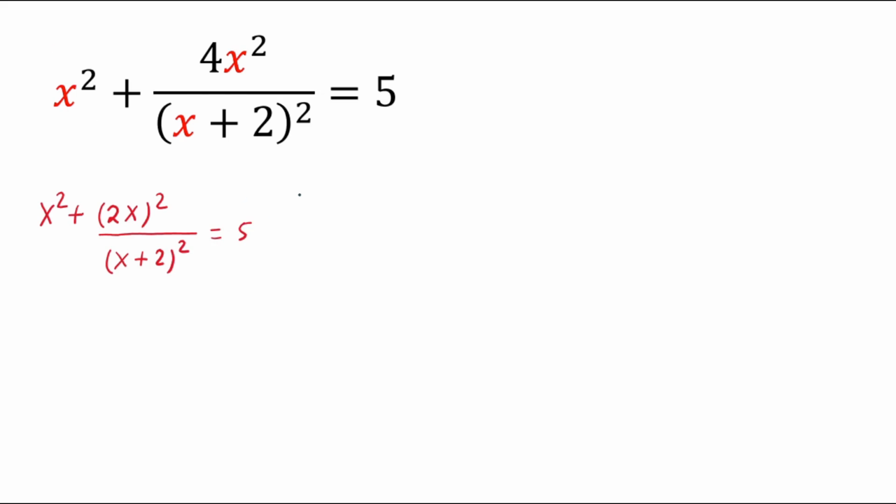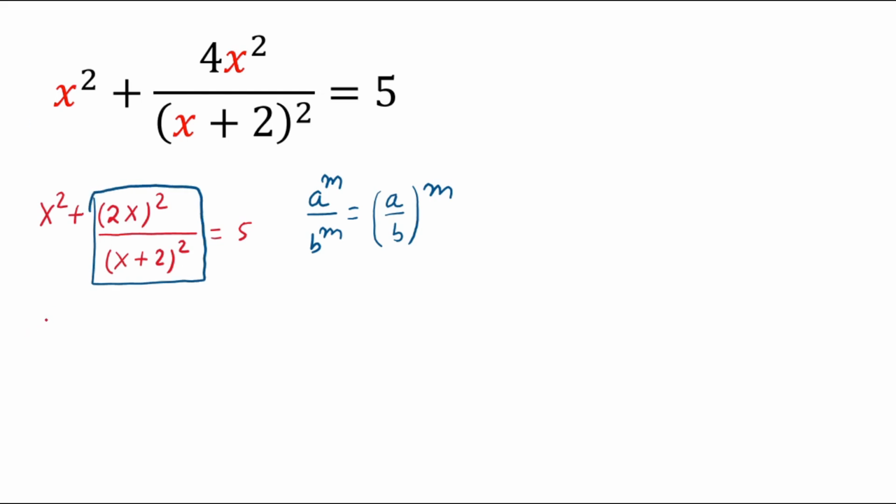Now we know that a power m divided by b power m is equals to a over b bracket power m. If we apply this rule here, then x square plus 2 times x divided by x plus 2 bracket power 2, and this is equals to 5.